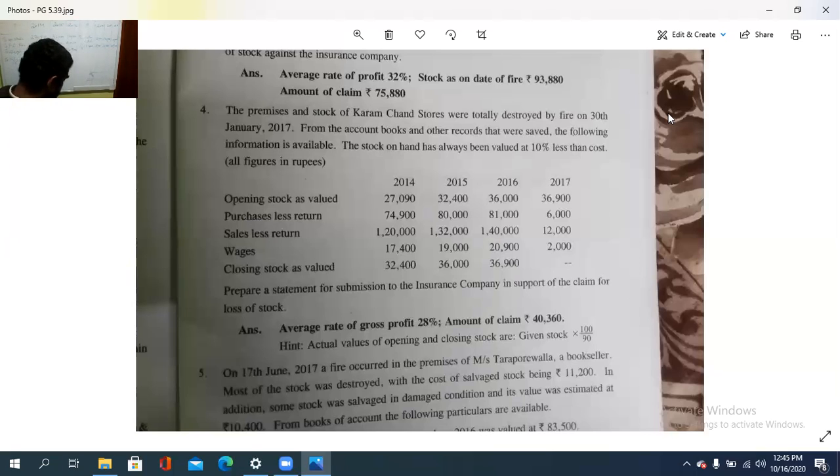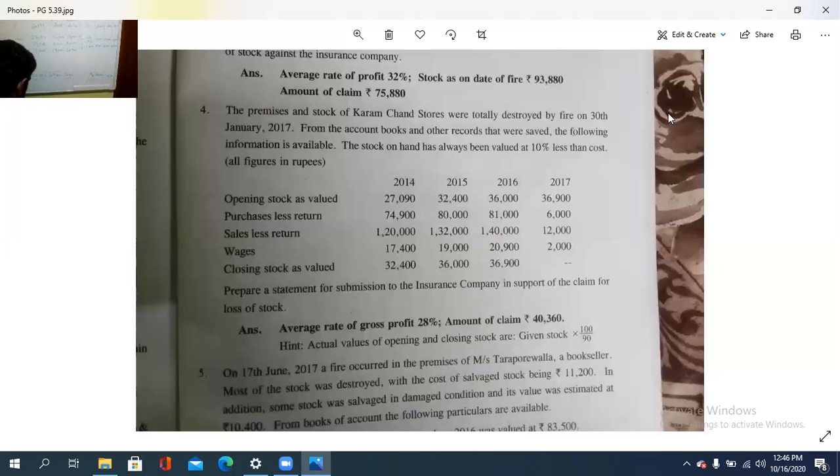Then second year 1,32,000 plus 36,000, 1,68,000. Okay, 1,68,000. Then 1,40,000 plus 36,900. It is 1,76,900. So here also 1,76,900.